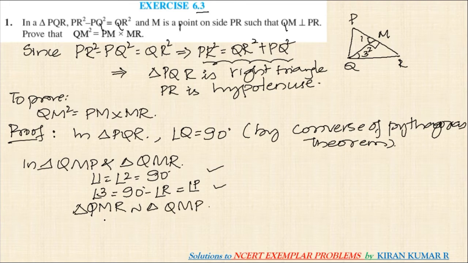If these two triangles are similar to each other, the corresponding sides are in proportion.